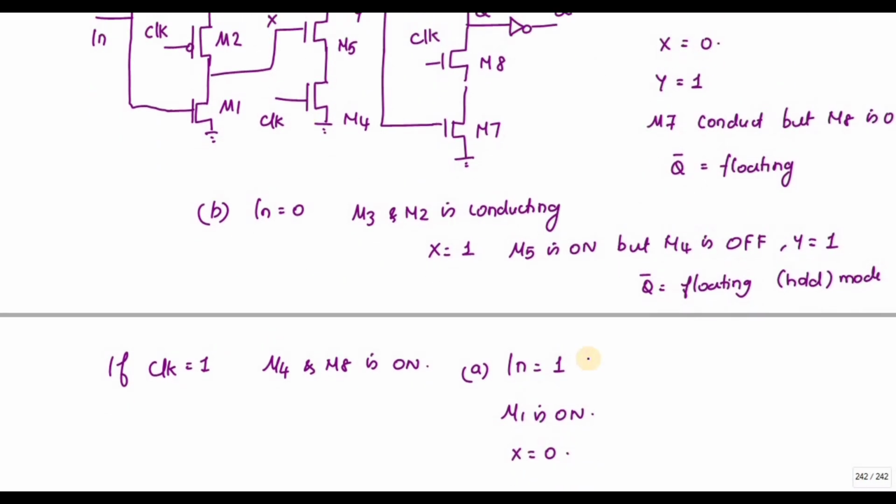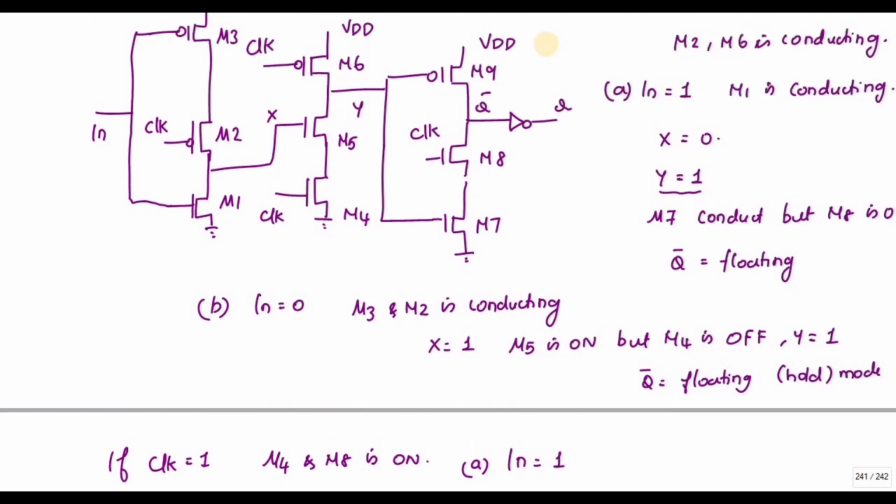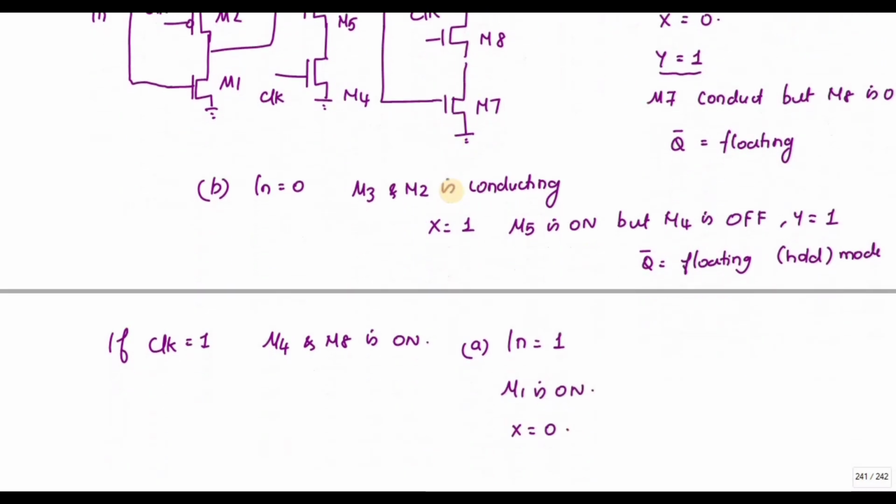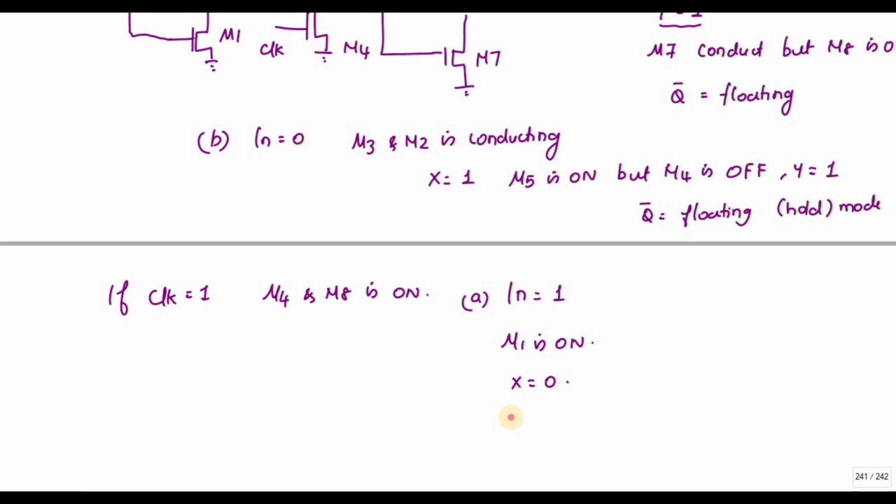And you can see whenever my input is 1, the X value remains in 1. Initially the Y value is 1, so this will make my M7 transistor and M8 turn on.